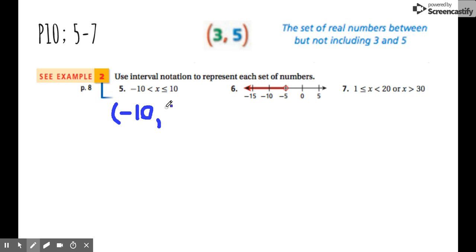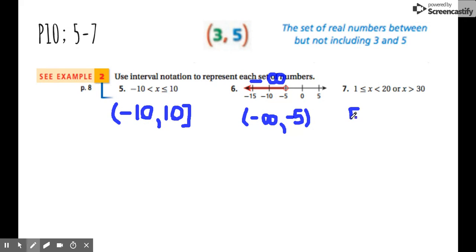It does include +10, so we use a bracket. The arrow in number 6 is pointing to the left, so that's negative infinity. And anytime we use infinity, we use a parenthesis. It's an open circle, so it does not include the number, so it is a parenthesis.